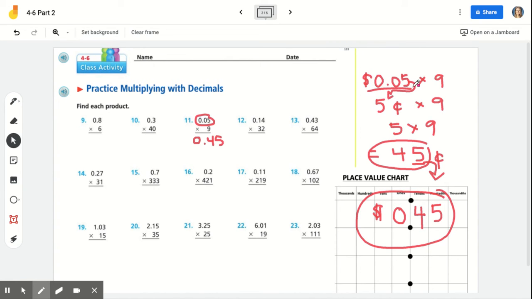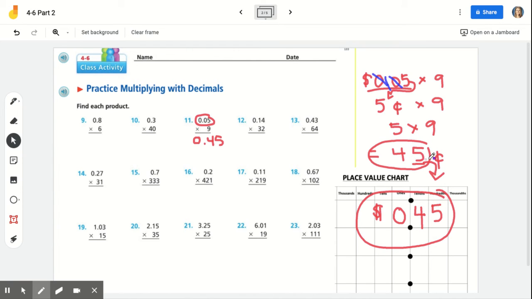We ignored the decimal and any other zeros that we don't need to pay attention to. So we ignored this 0, we ignored the decimal, we ignored this 0, and then we turned it into 5. And then we multiplied by the other factor, which was a whole number. So 5 times 9, we said it's 45. But then to turn our answer 45, there was one last step to do. We put it back into our place values.